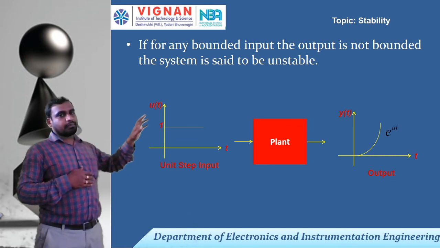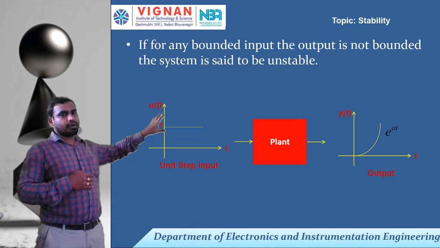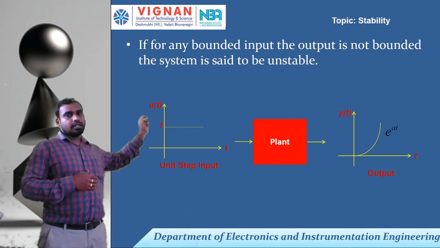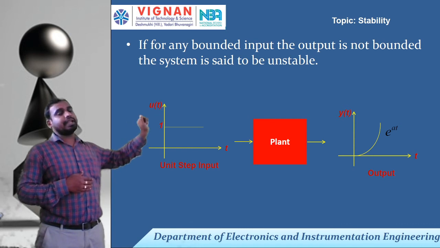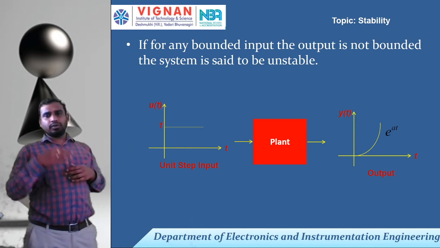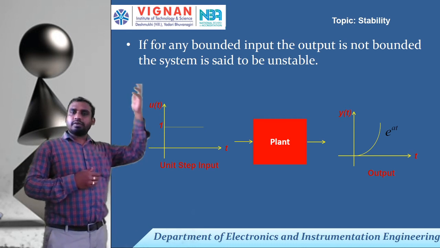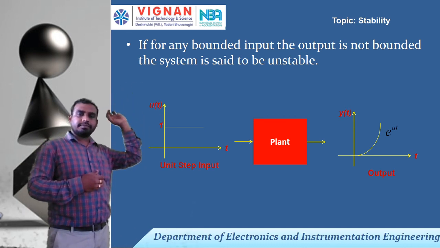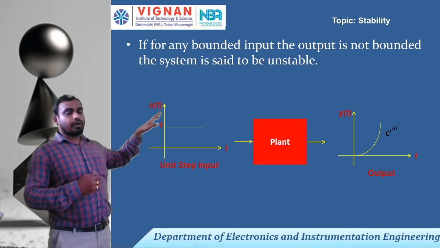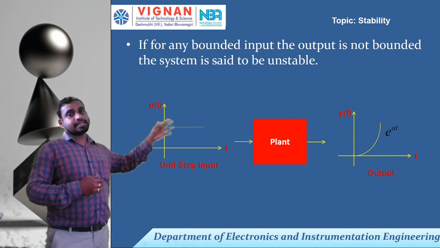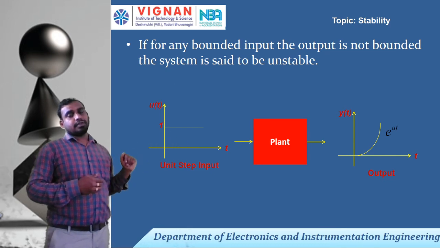If you see the example here, the plant is just a black box. You are giving a certain input to the black box, and what you are getting is e power at. Do you know the final value of e power at? We don't know where exactly it is going, it goes to infinity. Right? So this kind of output producing infinite value is said to be an unstable system.